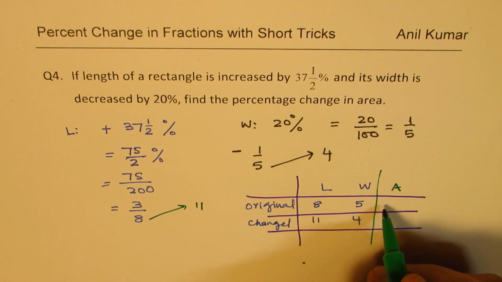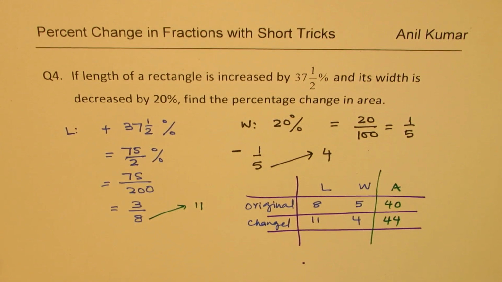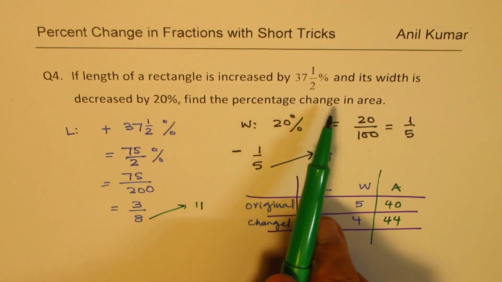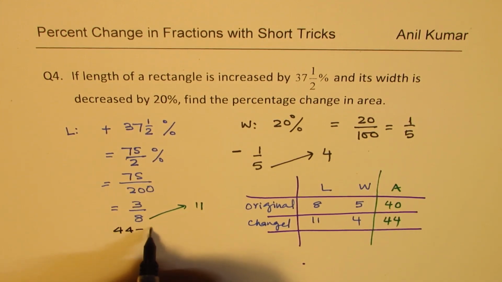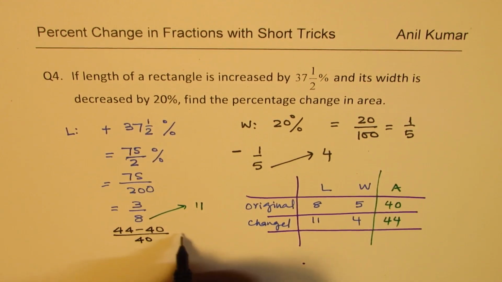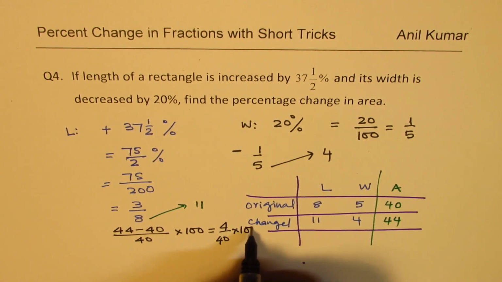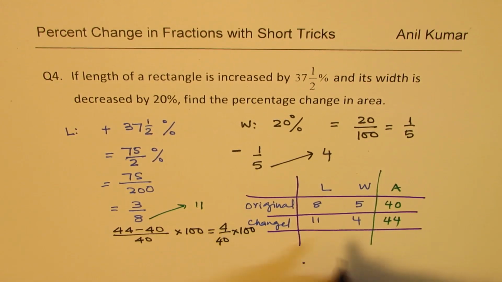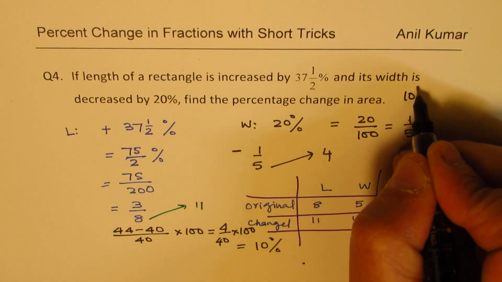So area here, original, is 40 and the changed is 44. You need to find the percentage change in area, which will be 44 minus 40 over the original area of 40, times 100. Clear? So that means it is 4 over 40 times 100, which is 10%. So the change is 10%.